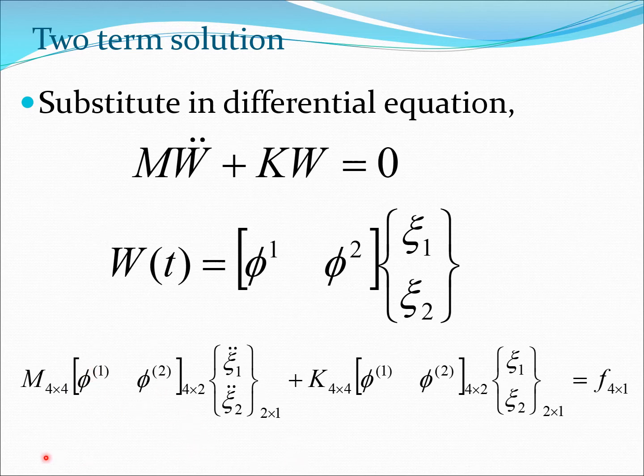So all this multiplies out well. If you multiply this and this, you would get a 4x1, and so all of these would be 4x1. So essentially you have a reasonable system of 4 equations here.